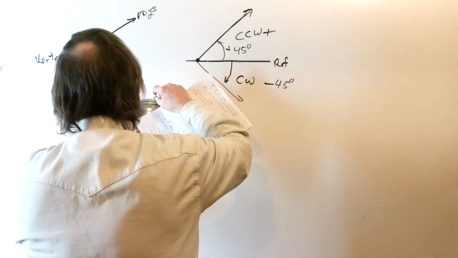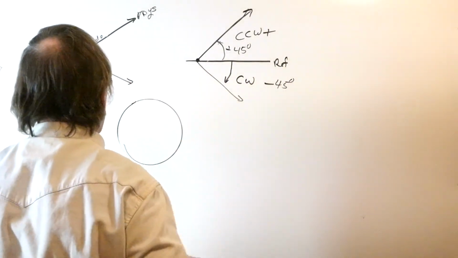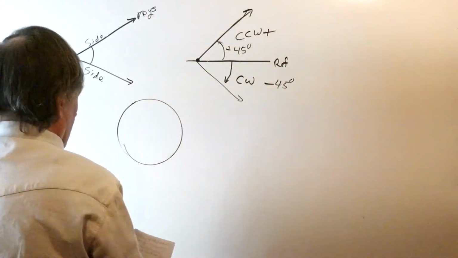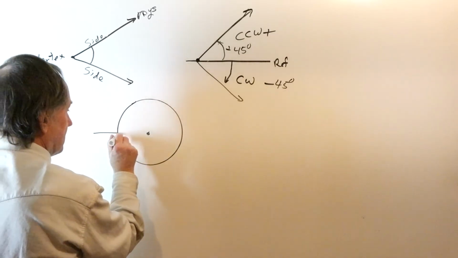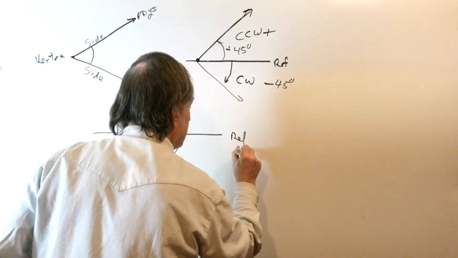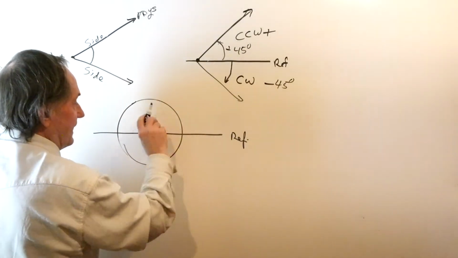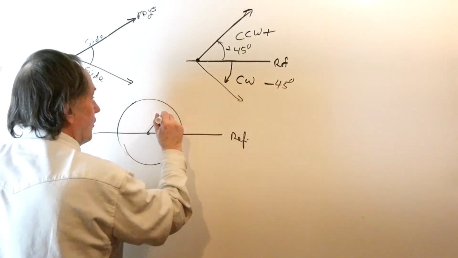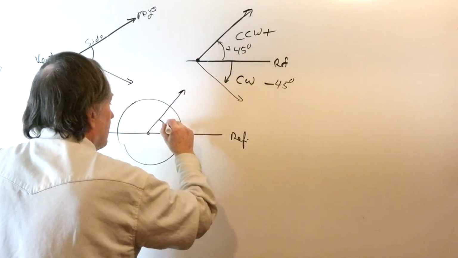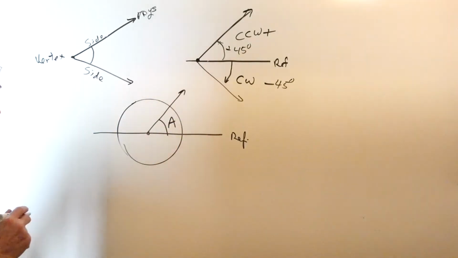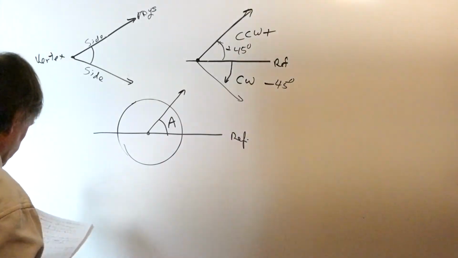So if we start with a circle and establish a reference which goes through the center of the circle, this is our reference line, and we sweep a ray up starting from the reference, say going in a counterclockwise direction, we can call this angle A. A lot of times we use letters to designate angles or numerals.